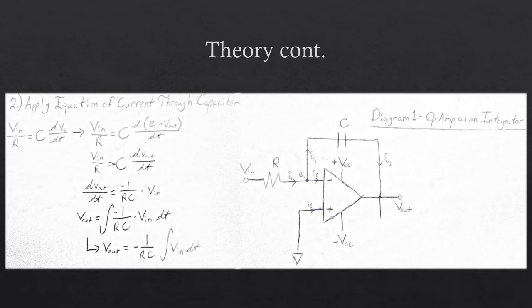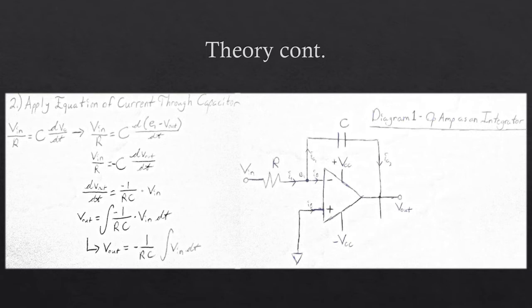Now, because we know that Vc should be equal to node 1 minus our V out, we can plug that in there. That will give us Vn over R is equal to C multiplied by d(node 1 minus V out) over dt. This will give us Vn over R is equal to negative C multiplied by dV out over dt.